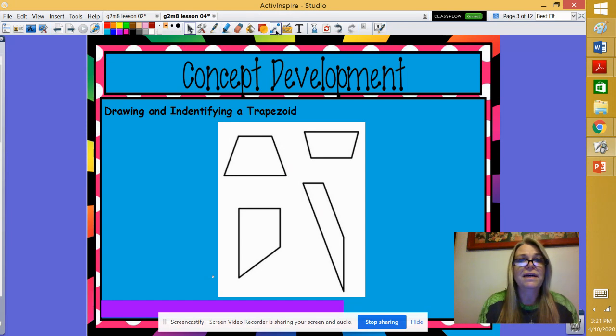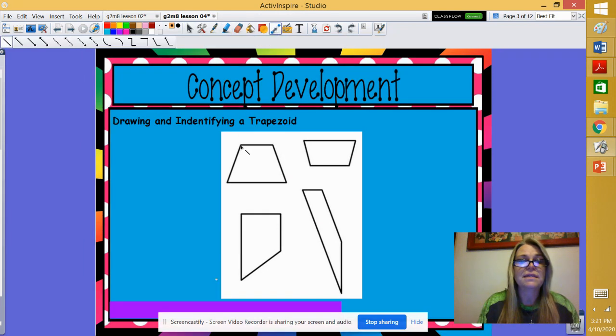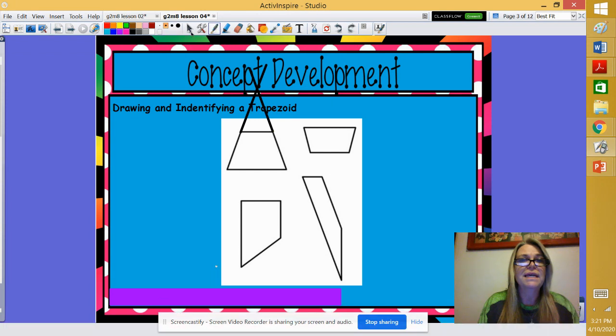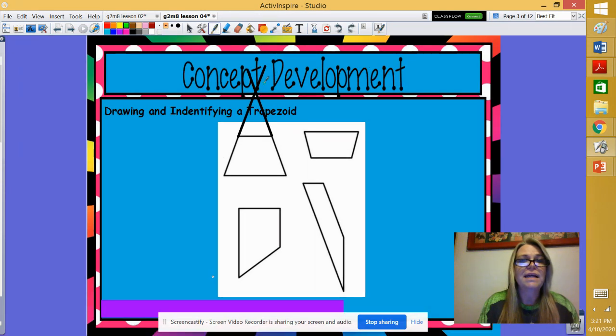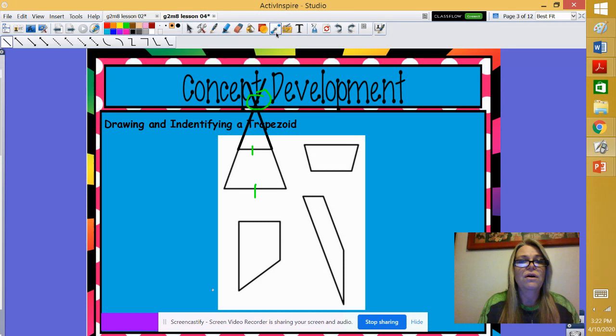Let's see if I can extend out these sides. If this were extended out, go this way. This side extended out goes this way. What happens at this point? They cross. So those are not parallel lines. However, if we extended out this side and this side, what would happen?